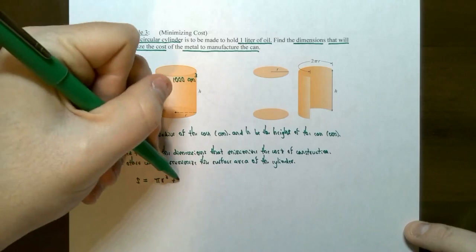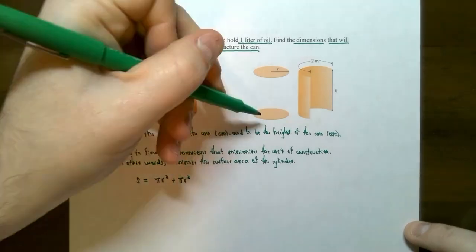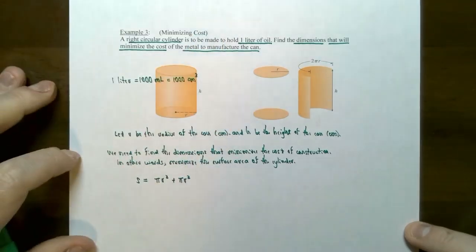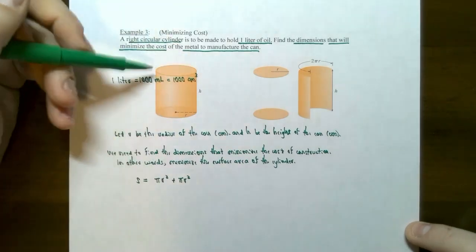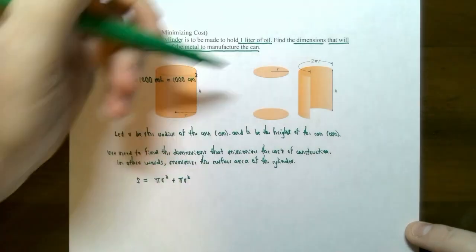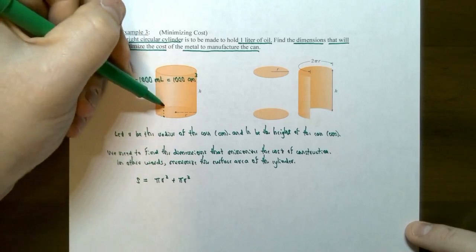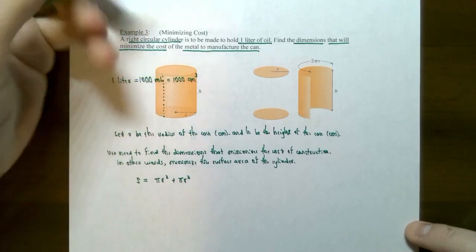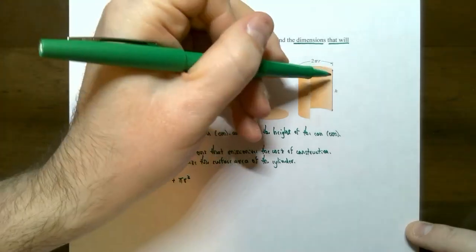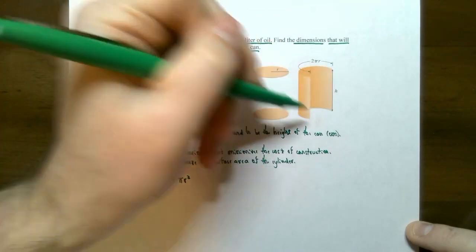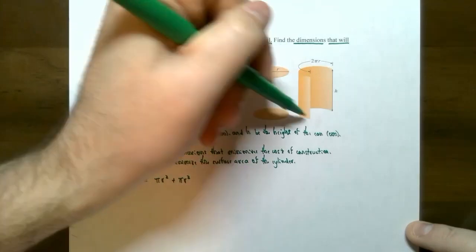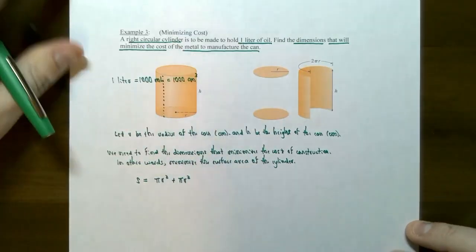We're going to have the same for the bottom of the cylinder, exact same dimensions, so another pi r squared. And now the body of the cylinder, imagine that you are taking this cylinder and you are making a cut, and then you unroll the body of the cylinder, and it's going to form a rectangle.